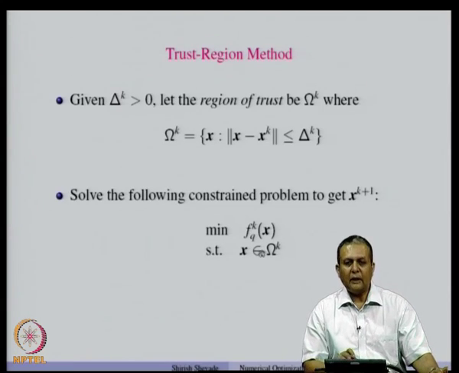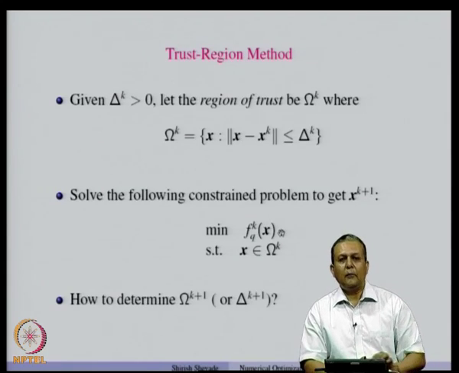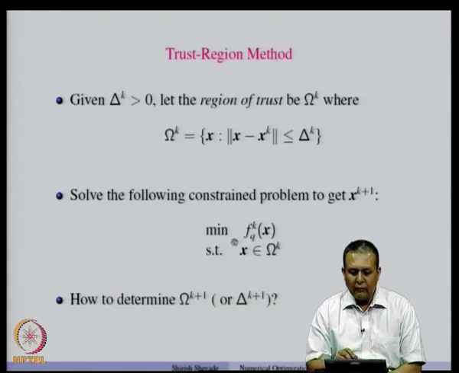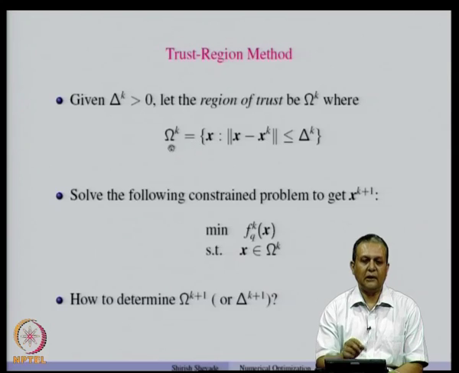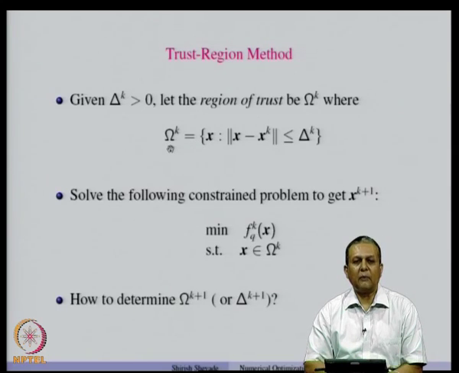Now, this constrained quadratic optimization problem is easy to solve, but now the question is that once we find x k plus 1, which is a solution of this problem, how do we determine the new region of trust, which is omega k plus 1, or how do we determine delta k plus 1, because once we define delta k plus 1, we can easily determine what is omega k plus 1.